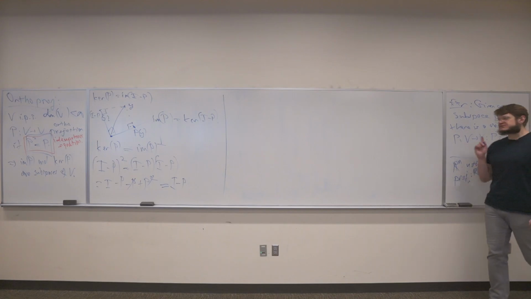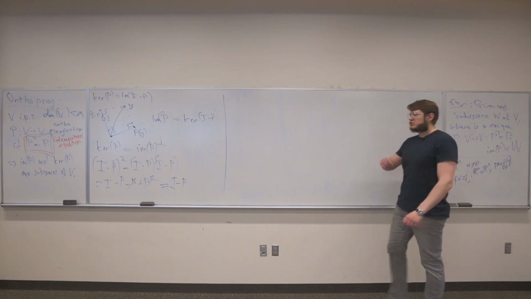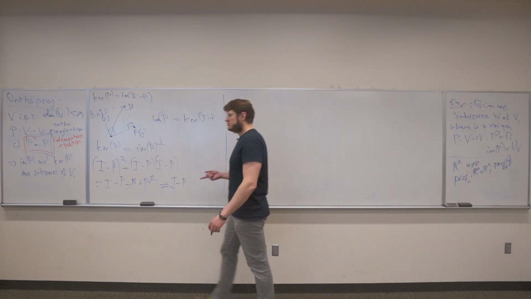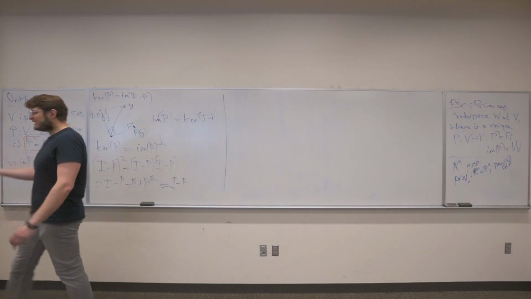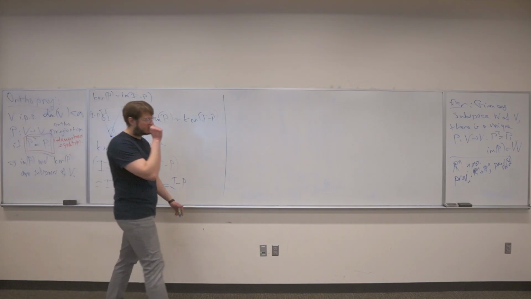Proj of proj is again proj, so it is a projection. What was the formula? The formula for orthogonally projecting onto the span of U was: you feed to it a y, and then you dot it against U, that gives you a scalar, divide that scalar by the norm of U squared, and then use that scalar to scale the vector U.